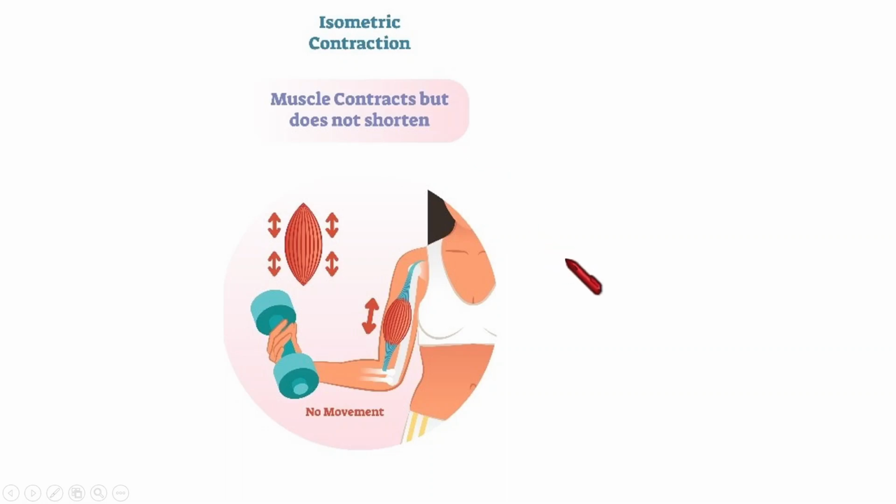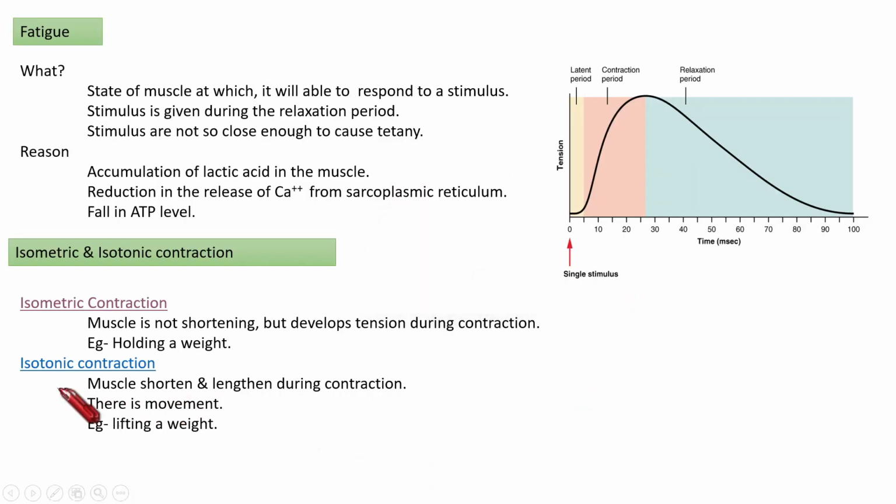Okay. Next, we can see isotonic contraction. During that type of contraction, the muscle will shorten and lengthen. Two phases are there. The shortening phase is called the concentric phase or concentric contraction, and the lengthening phase is called eccentric. Okay, so during that contraction, the muscle will shorten as well as lengthen.